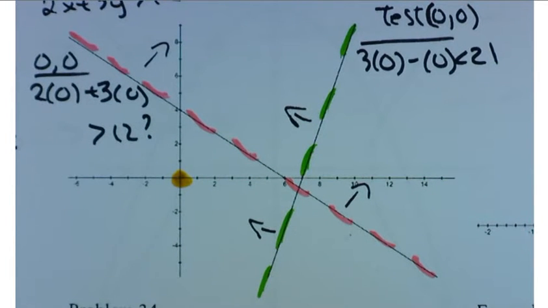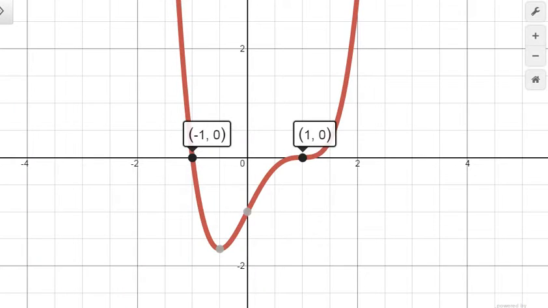Now the question is, where do these shaded regions overlap? Can you see where those two things cross each other? In fact, try and shade that part of it while I graph it up here on Desmos.